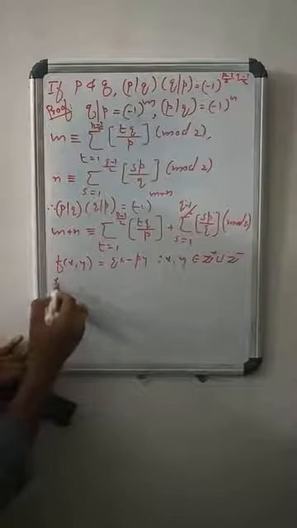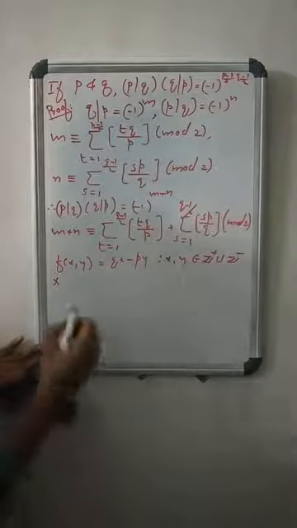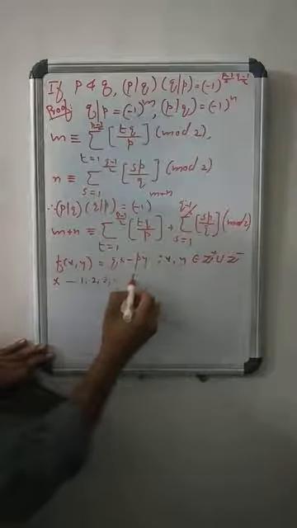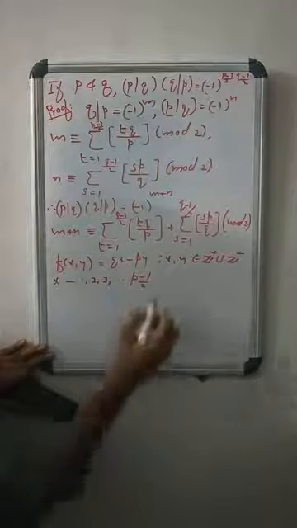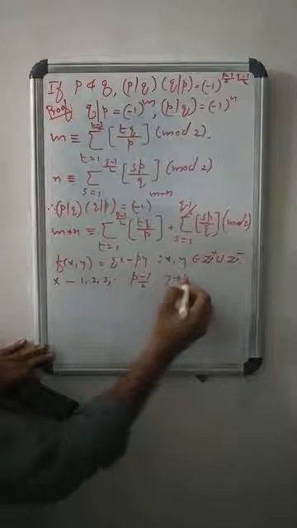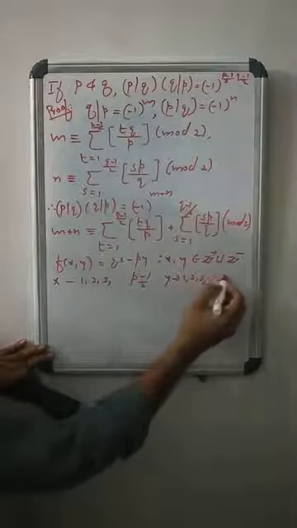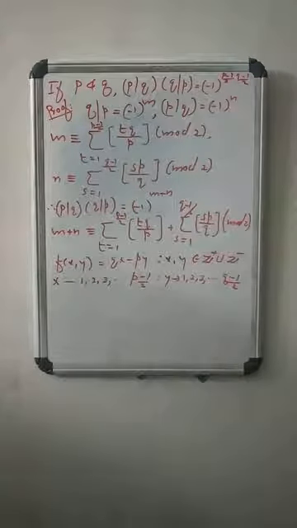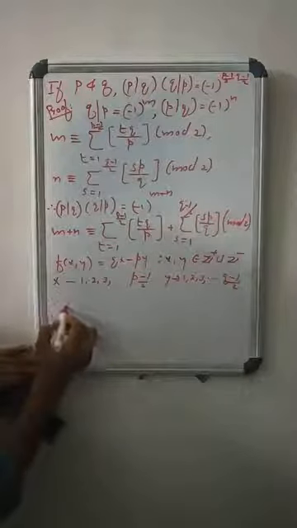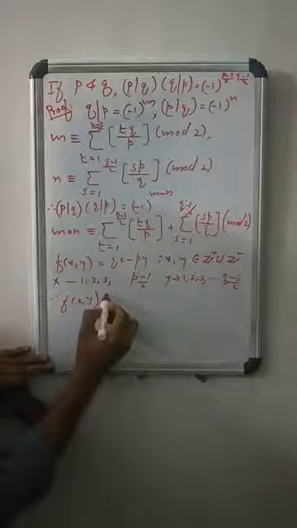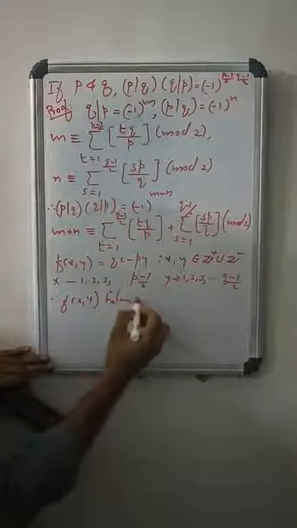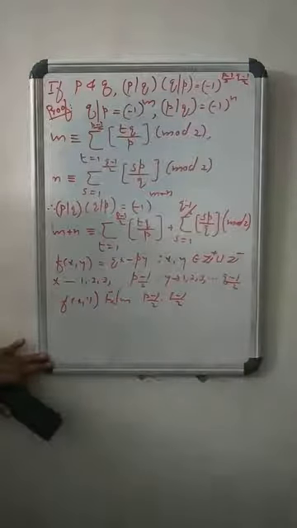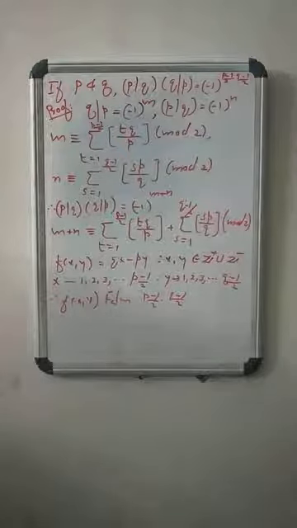As x takes the values 1, 2, 3, etc. up to (p minus 1)/2, and y takes the values 1, 2, 3, etc. up to (q minus 1)/2. Agreed? Therefore, f(x,y) takes (p minus 1)/2 times (q minus 1)/2 values. Agreed?